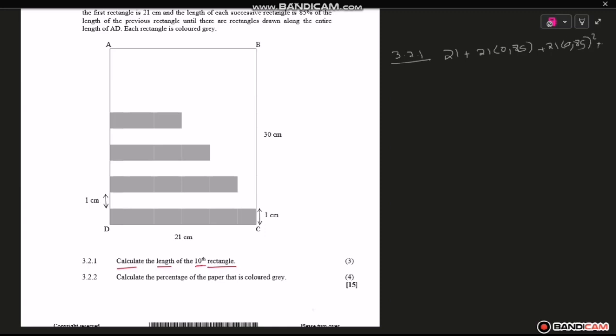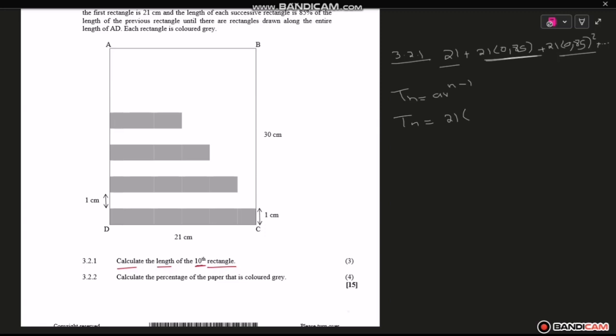If you watched our video on number patterns in grade 11, this is very, very important. They said the length of the first rectangle is 21, and the following rectangle gives us 85% of the previous rectangle. I hope you understood that. When you divide term 2 by term 1, you get a common ratio, meaning we can use a geometric sequence.